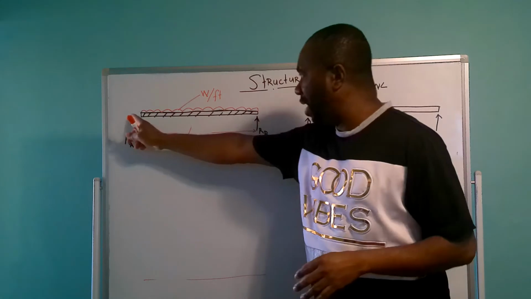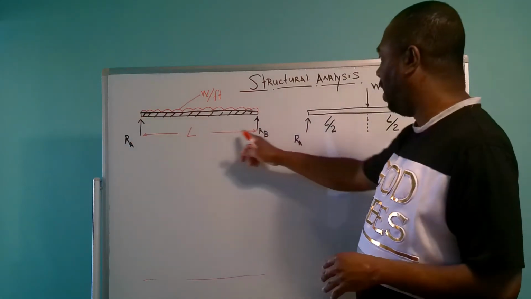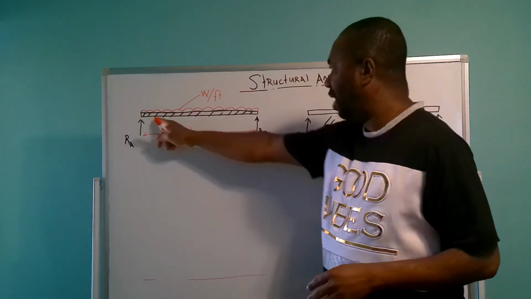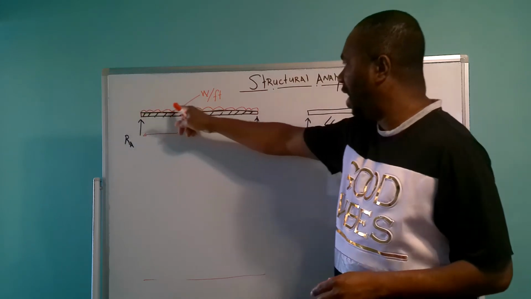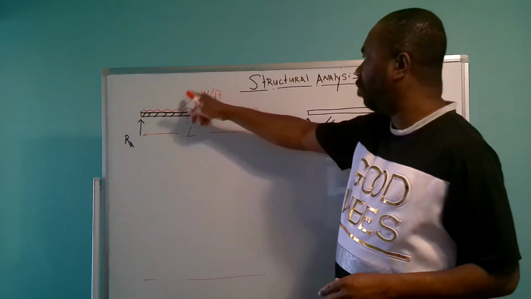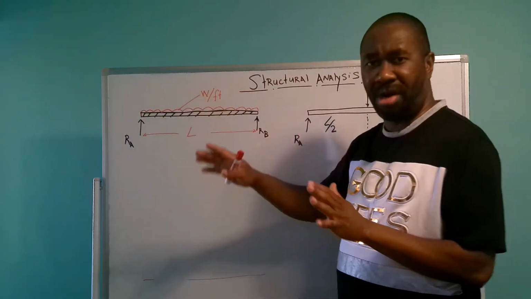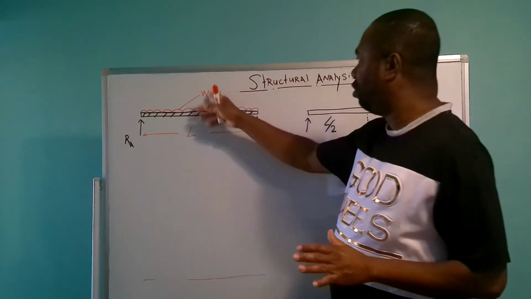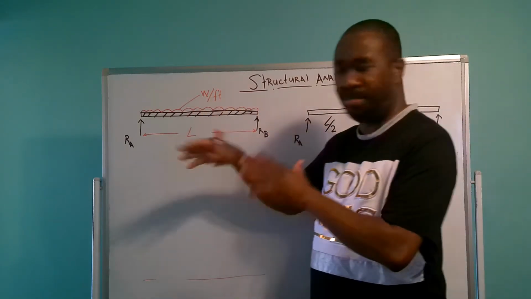The beam here spans a length of L, and this squiggly line on top of the beam is what is described as the uniform distributed load, which is W per foot, or weight per foot.